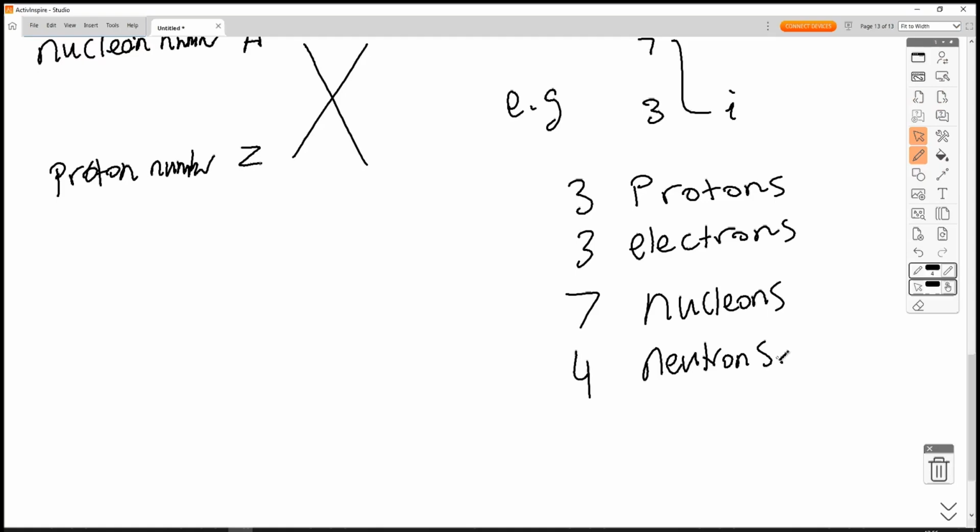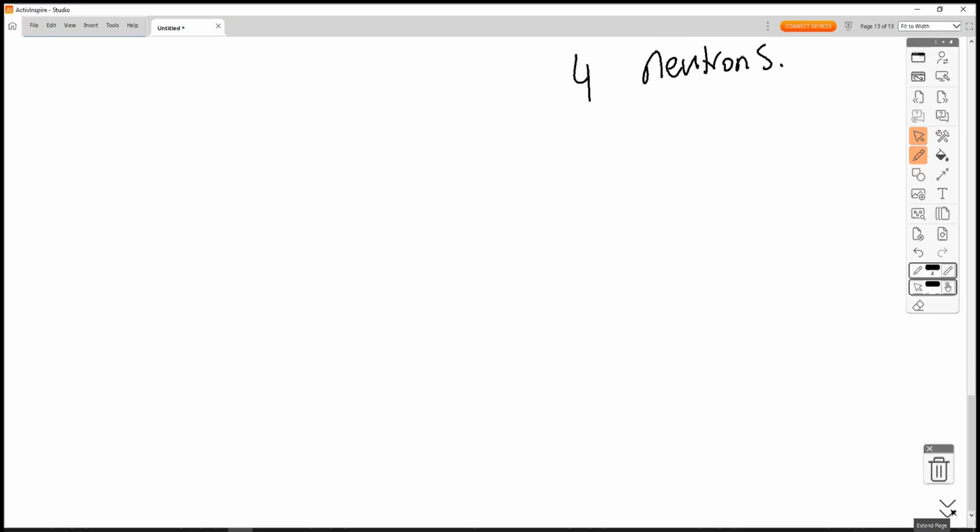Next, we'll do a reminder of isotopes. Again, this was something that came up in GCSEs. So let's get the subheading isotopes written. So isotopes are defined as same number of protons, different number of neutrons. The proton number has to be the same because to be an isotope, you must not change the element.